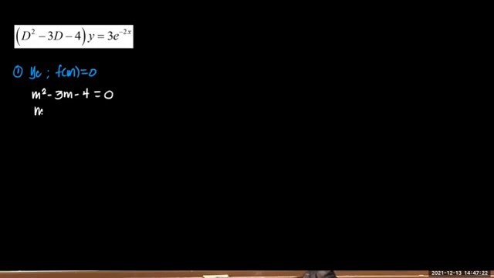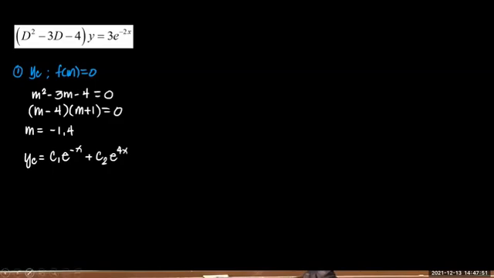Factoring this out, the roots that I have are -1 and +4. For these roots, my complementary solution would be c1 e to the -x plus c2 e to the 4x. And then I'll put a star here because I'll be using this later on.